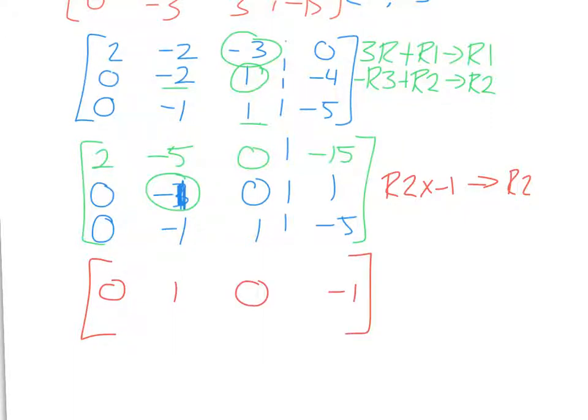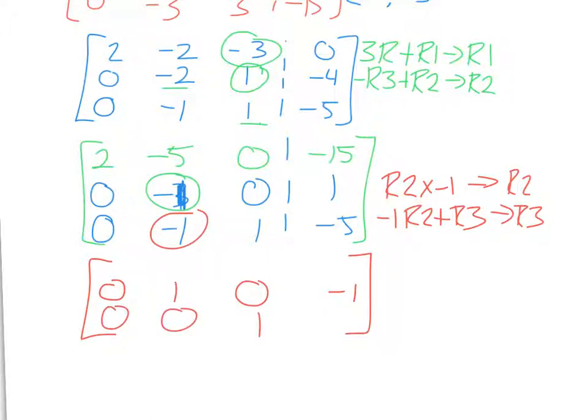The other thing I might take a look at is that if I do negative 1 times row 2 plus row 3, that's going to get rid of that negative 1 there. And that's going to replace row 3. So we end up having 0, 0, 1, and negative 1 plus negative 5 is negative 6.